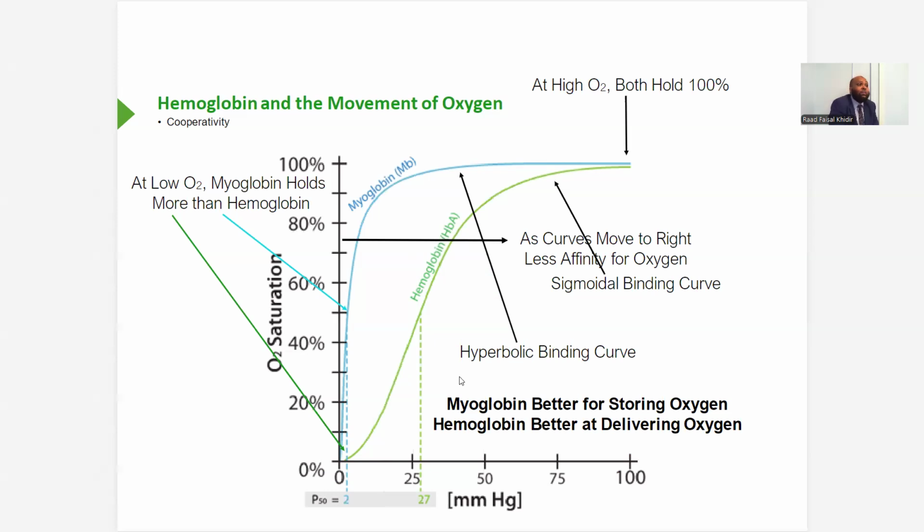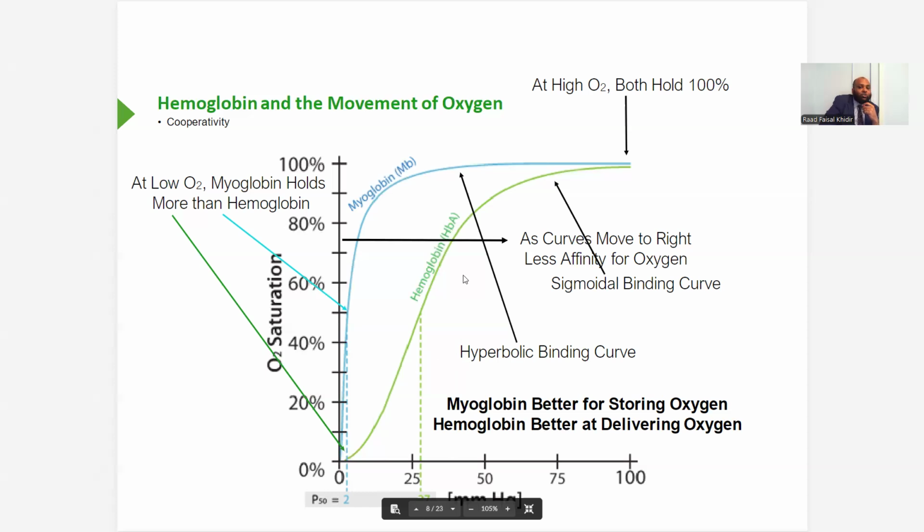Who is the independent variable, and who is the dependent variable? The independent variable represents the partial pressure of oxygen. And that represents the saturation of my molecules with oxygen.